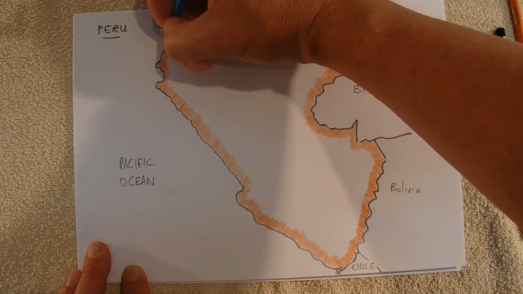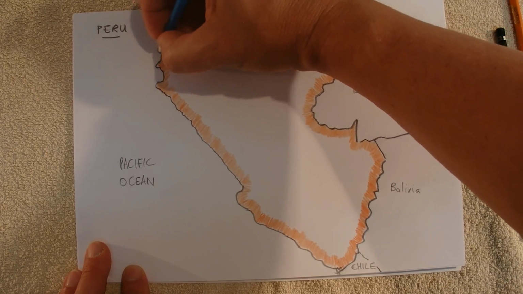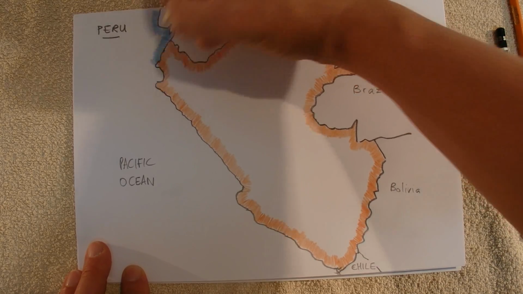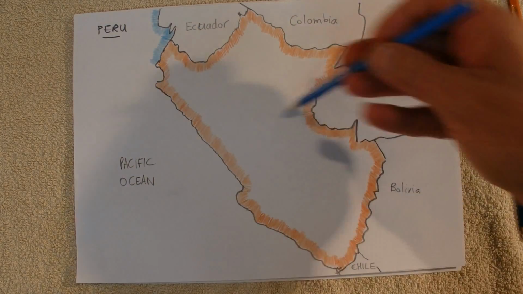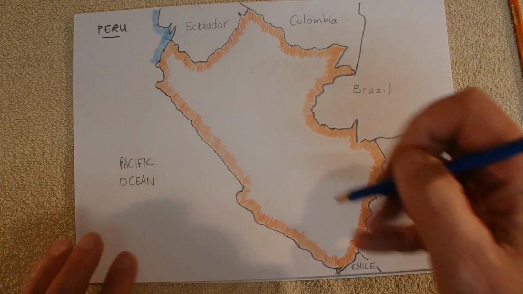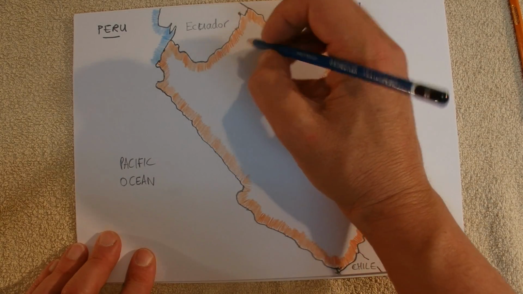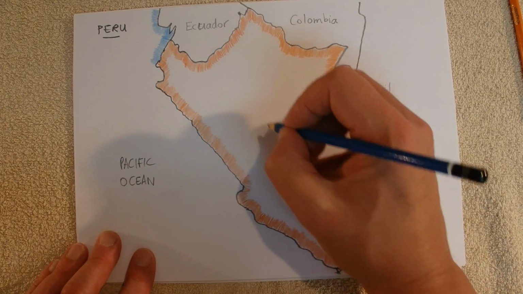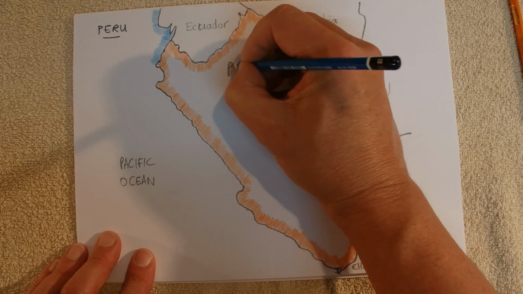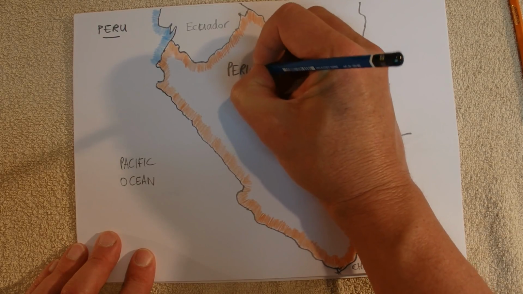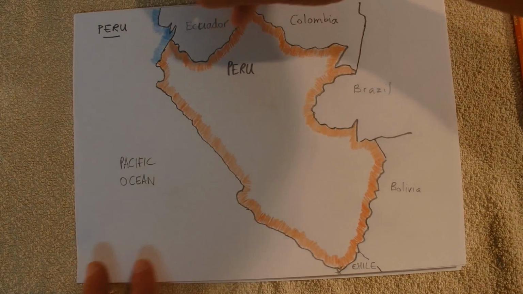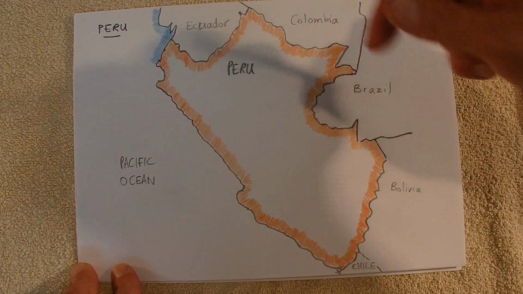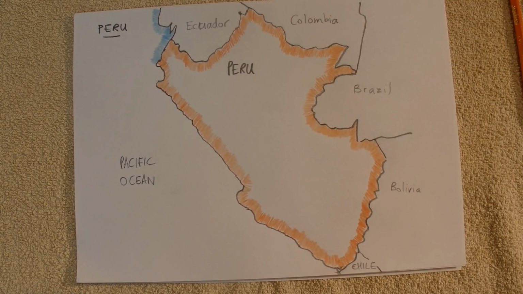Colouring in the coastline, firstly with Ecuador and now down into Peru. So I should really write probably in the middle. Where should I write that? In big letters. So showing you that definitely this orange country in the middle is Peru.